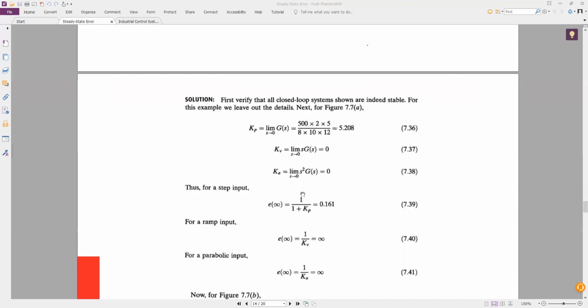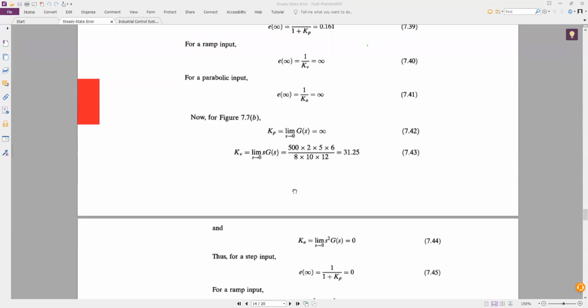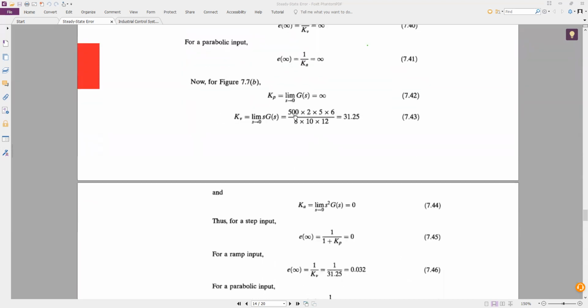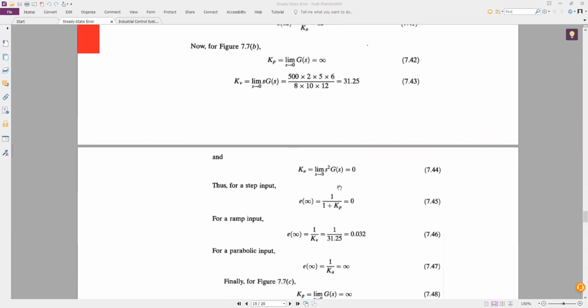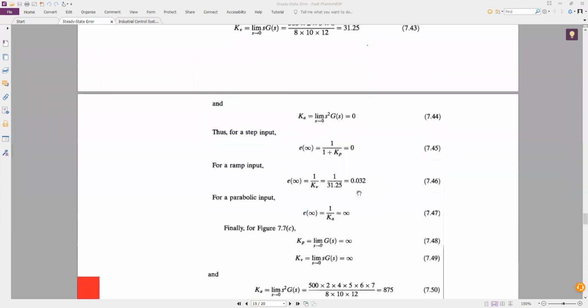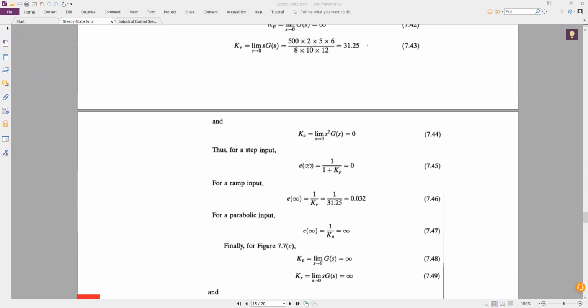Just put the values: Kp is infinity, Kv is infinity, Ka is 0 in that case. Similarly, first of all find out Kp, Kv, Ka, and then put those values. For the second one, you will get a value for the ramp input.